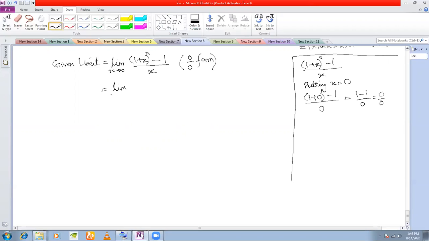I will differentiate d/dx of 1 plus x whole to the power of n minus 1, divided by d/dx of x. This is by L'Hospital's rule.